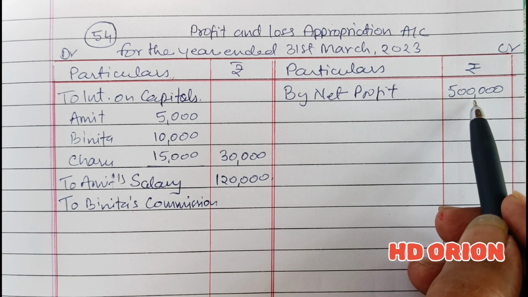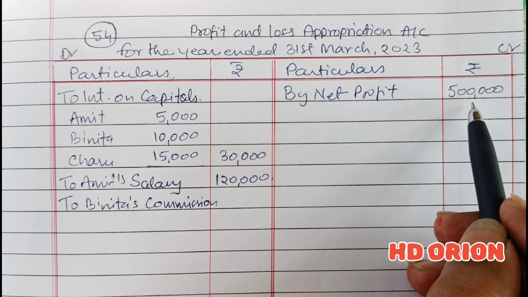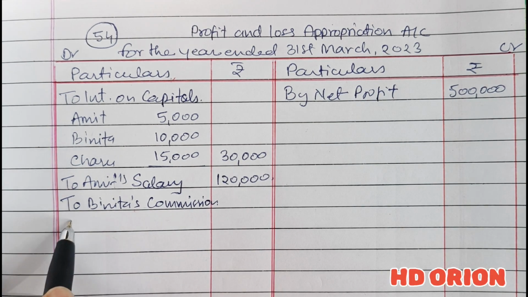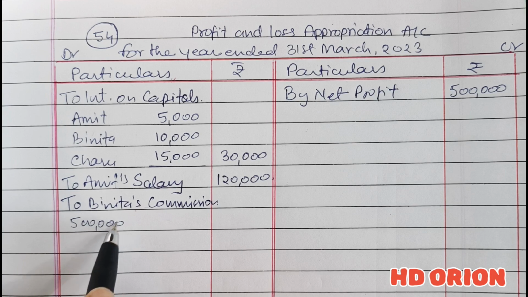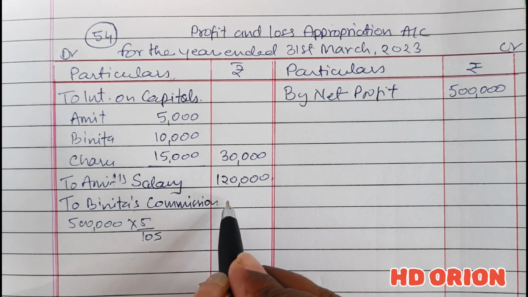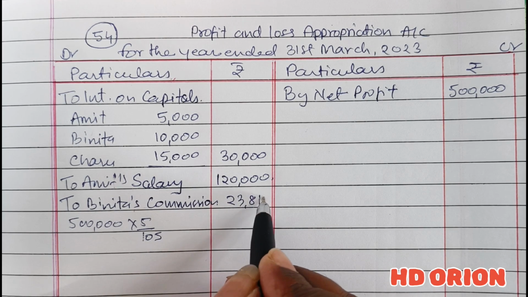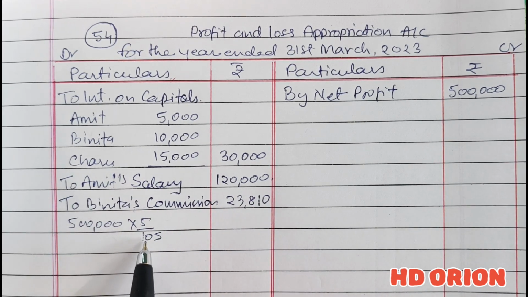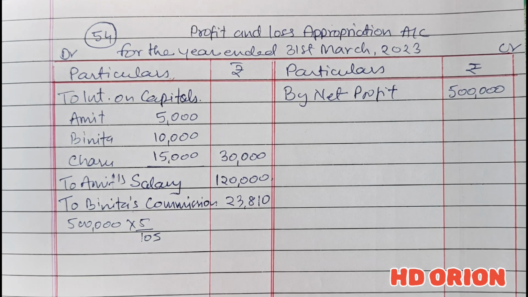So 5% of net profit after deduction of this commission is how much? 5 lakh into 5 divided by 105. Fine. And the amount is 23,810. So this we have to mind, because the language is after deduction of this commission. So whenever it is after deduction of such commission, then we have to multiply it by percentage divided by 100 plus percentage given.